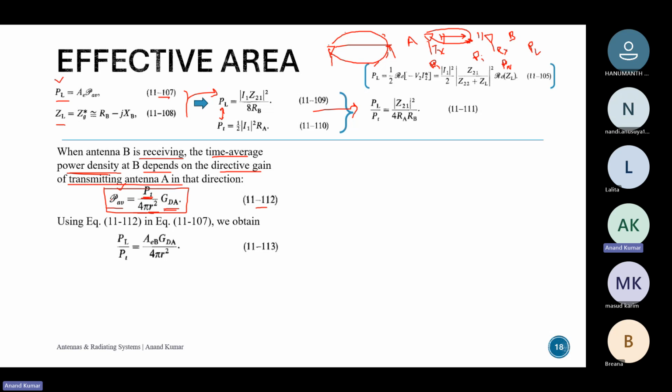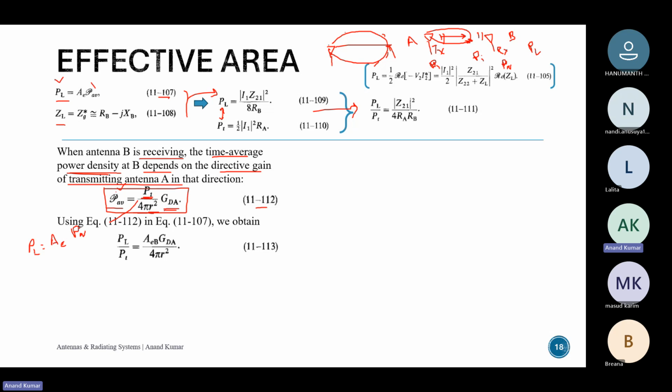So we are going to substitute this PAV into PL. So PL is equal to AE into PAV.